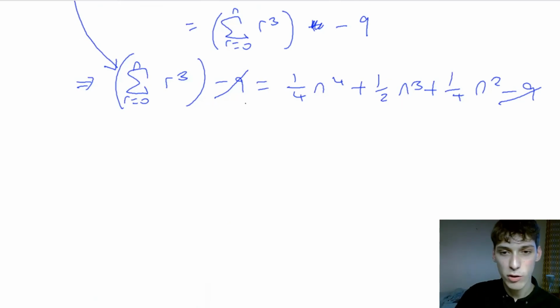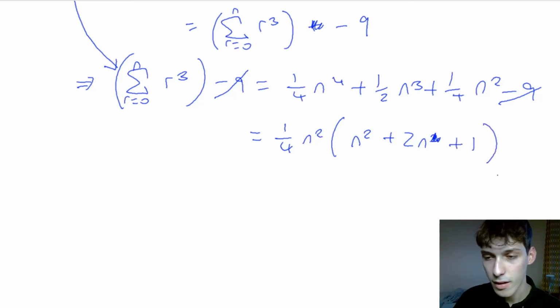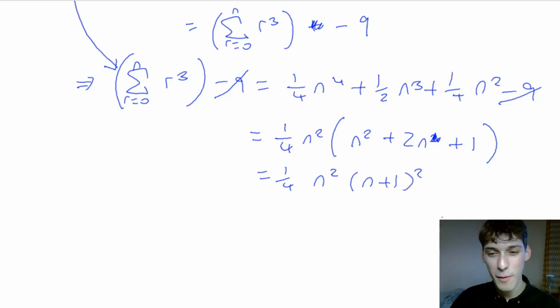So let's factorise out the quarter n squared. We get a quarter n squared, and we get n squared plus 2n, plus 1. And then if we factorise this, we do, as required, get, after all of this algebra, n plus 1 squared. And there we are, so we can say as required.